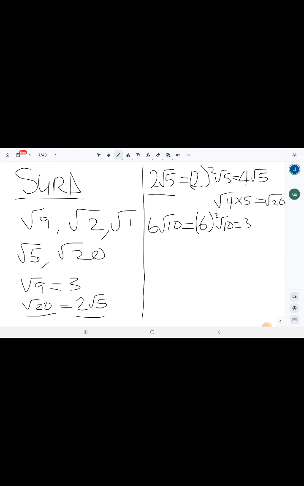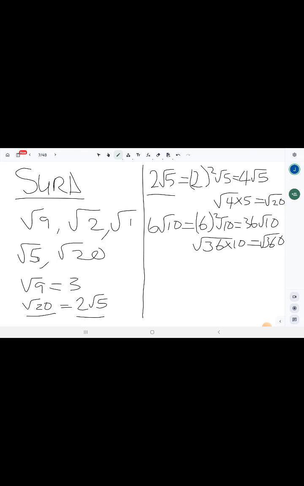So you say 36 root 10, and we'll go down to the square root, bring our 36 inside the square root, times 10, you would get 360. So the square root of 360, since we can't arrive at a whole number, would use surds to simplify it, and that's what surds actually serve.